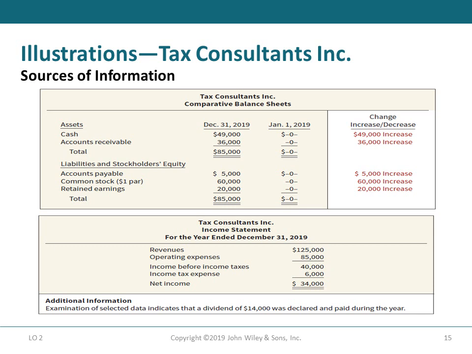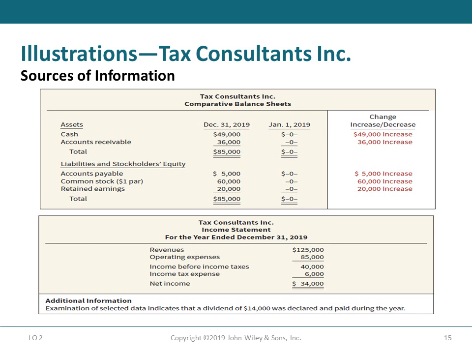$85,000. Also we have liabilities and stockholders' equity. We have accounts payable $5,000 compared to zero, so accounts payable increased by $5,000. Also we have common stock, $1 par, $60,000 compared to zero, so we have a $60,000 increase.